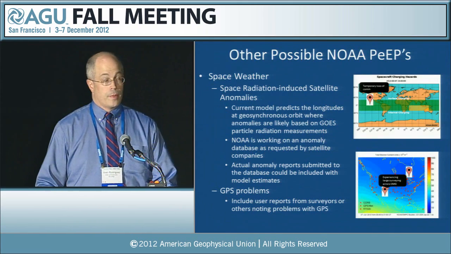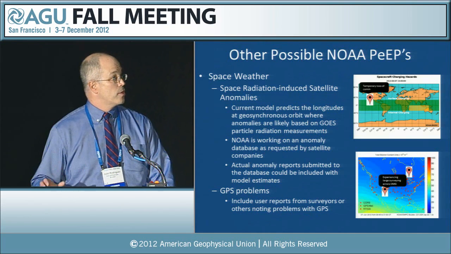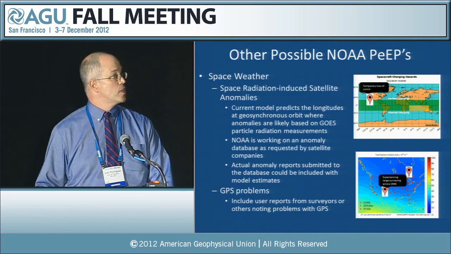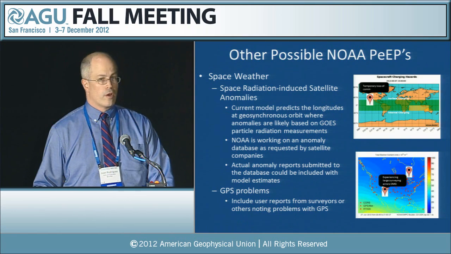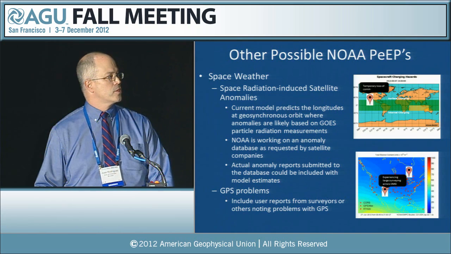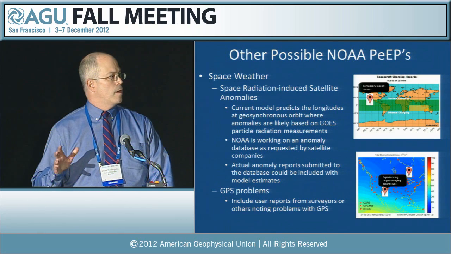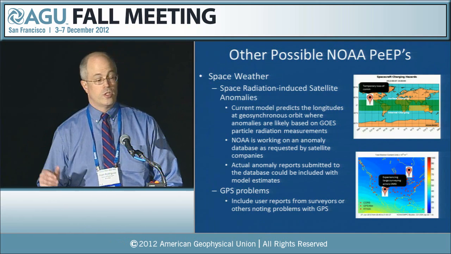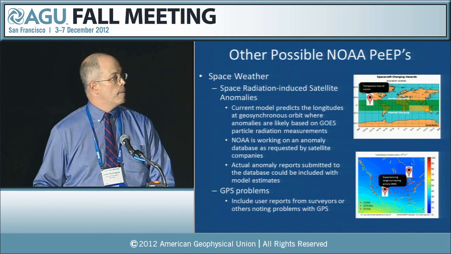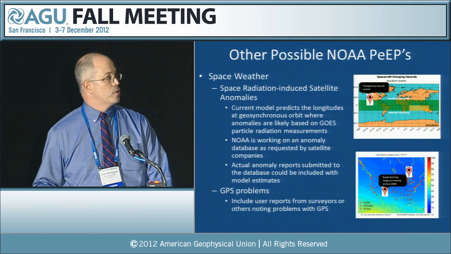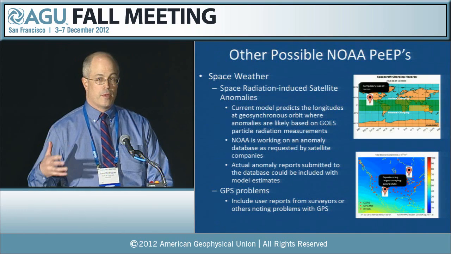Other possible NOAA PEEPs in the area of space weather, something that I'm personally very interested in, are space radiation-induced satellite anomalies. We currently have implemented a model that predicts, based on particle radiation measurements at another NOAA satellite, the GOES satellite, which you just saw some images from, the longitudes in the geostationary orbit where satellite anomalies are likely to occur.